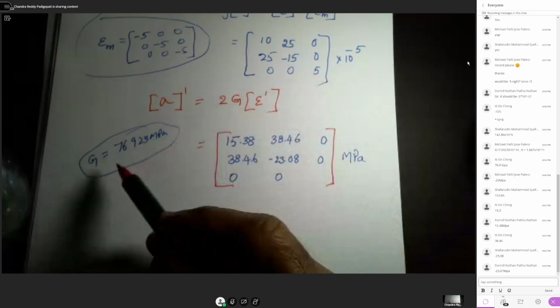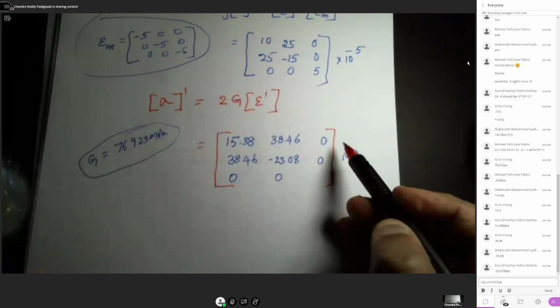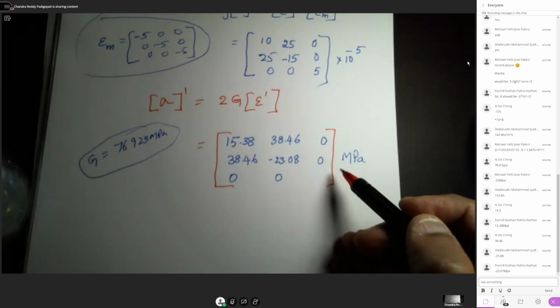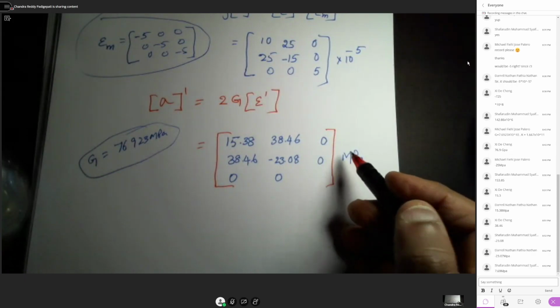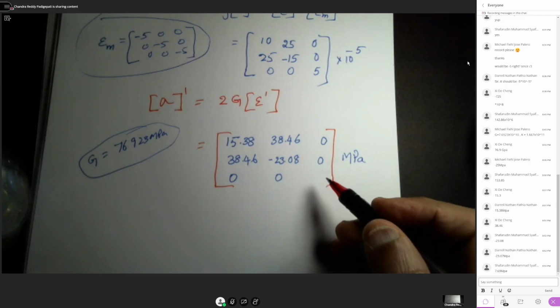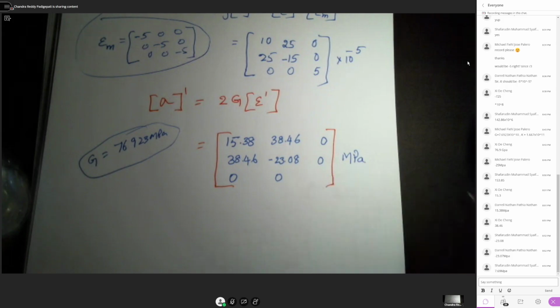So just multiply with 2G. That's not correct, Safaruddin. Correct, yeah, that's correct.